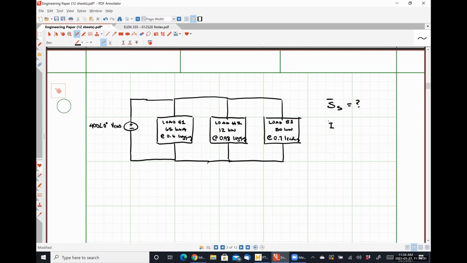So let's call this I phasor. I'm going to define this on our diagram because knowing this will tell us what gauge of wire we would have to use to safely supply power to all of these loads. And let's also determine the power factor at which the source operates.